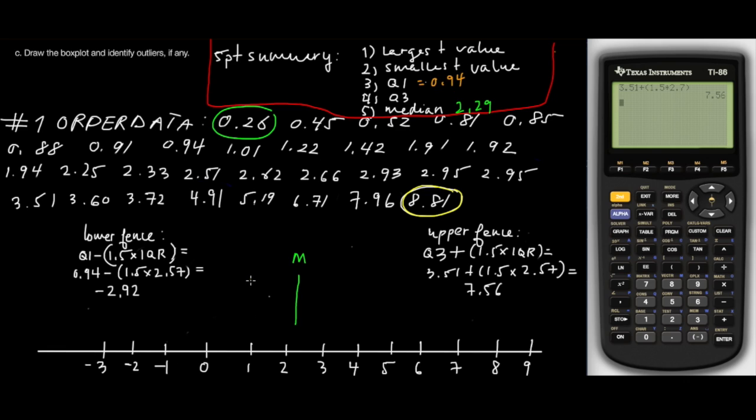So let's draw that right around here. So this is our Q1. And finally, we need our Q3, which is at 3.51. So let's draw that right about here. So that is our Q3. So this represents our box.